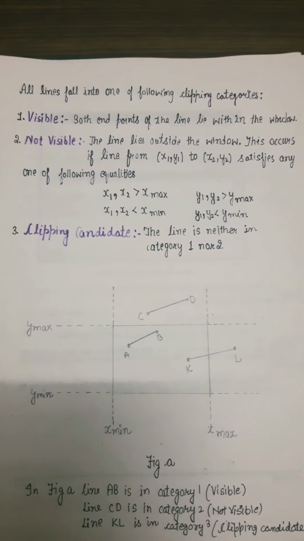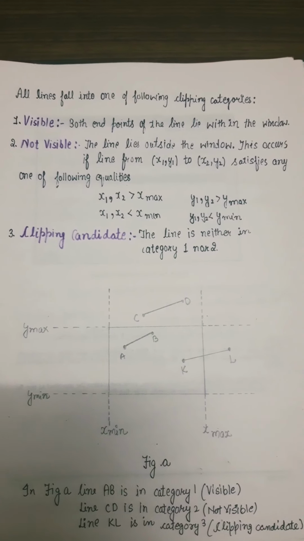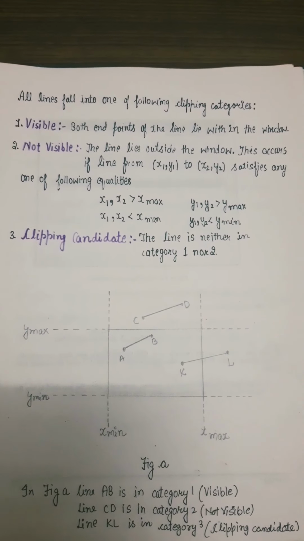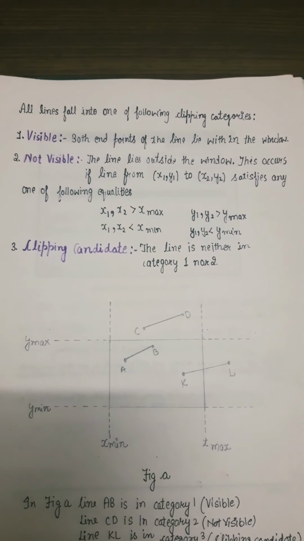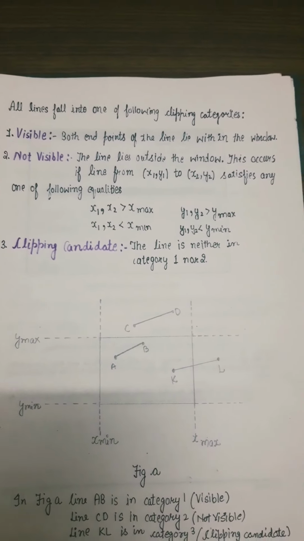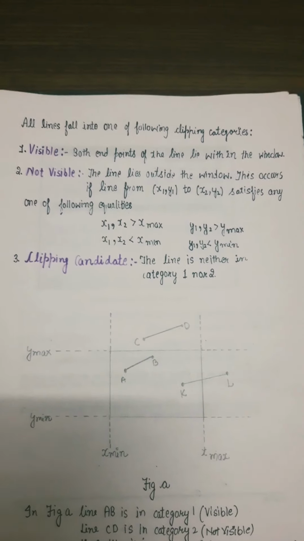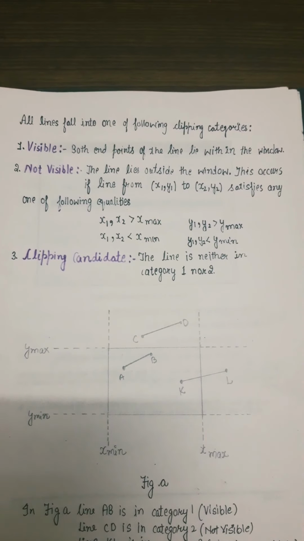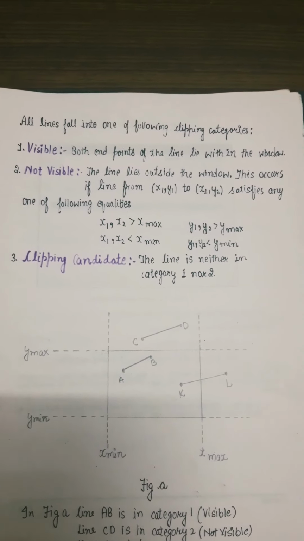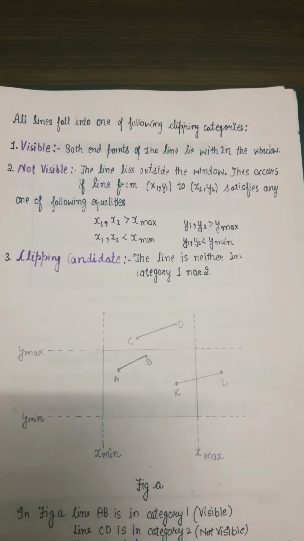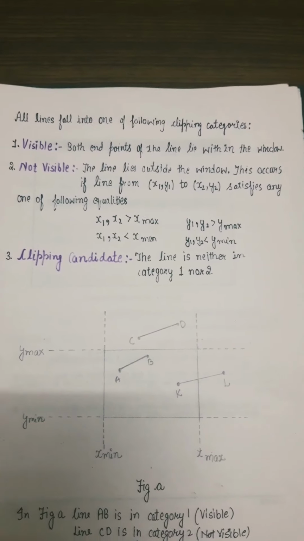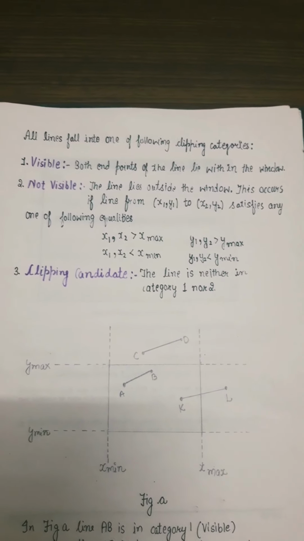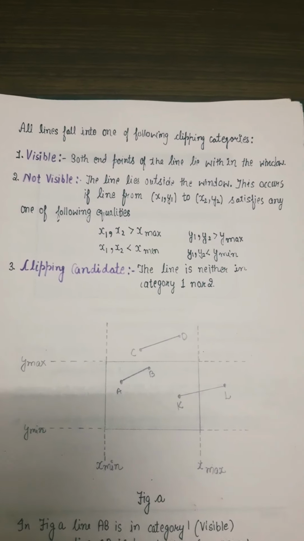First is visible. If both endpoints of the line lie within the window, the line is visible. Not visible means both endpoints of the line are completely outside the window. We can also evaluate this through comparison operations: x1 and x2, the x coordinates of the endpoints of the line, should both be greater than x max, the x max value of the clipping window.